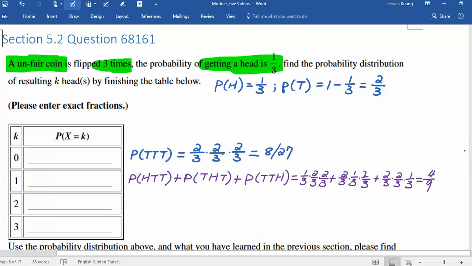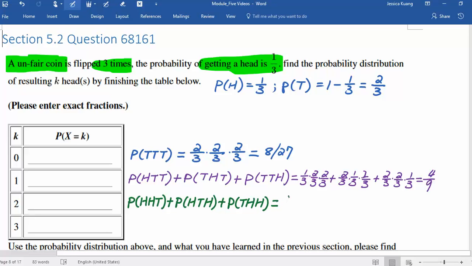Now let's calculate the probability of getting 2 heads. Once again, 3 different scenarios. I could have head, head, and then tail. And then I could have head, tail, head. Or I could have tail, head, and head.